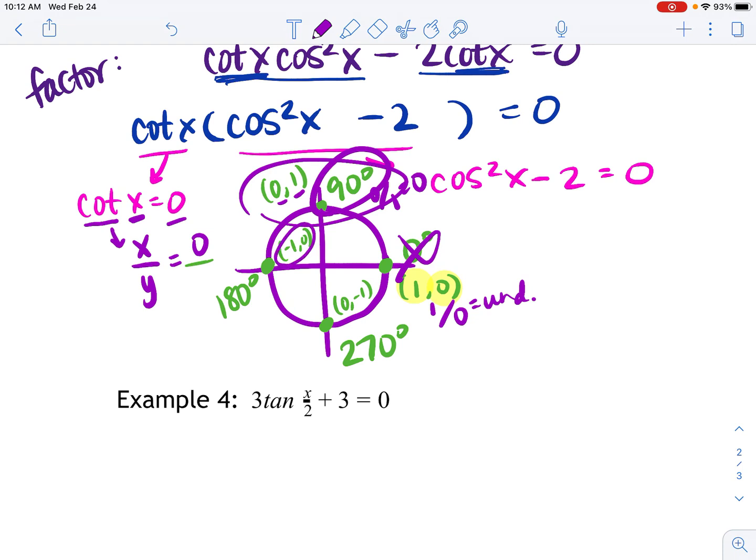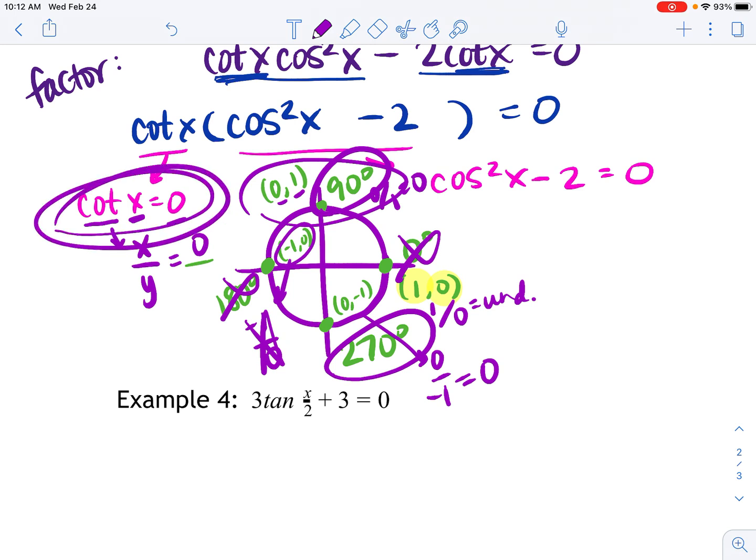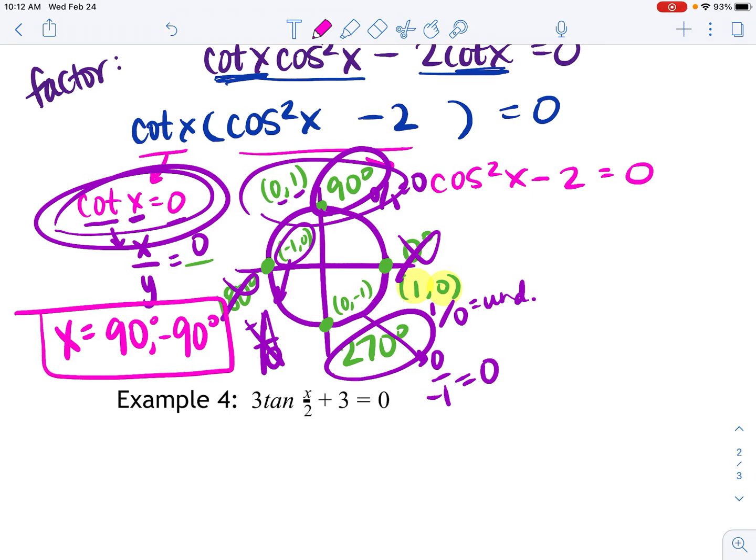At 180, it ends up being negative 1 divided by 0, which is undefined, so 180 is out. And at 270, 0 divided by negative 1 is 0, so 270 is also a solution. So going back to my equation, cotangent of x equals 0, my angles would be 90 degrees and either 270 or I'll write it as negative 90. So I got two solutions with that one.